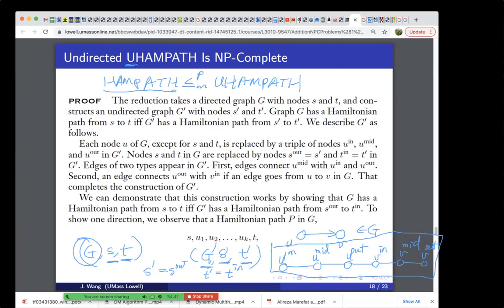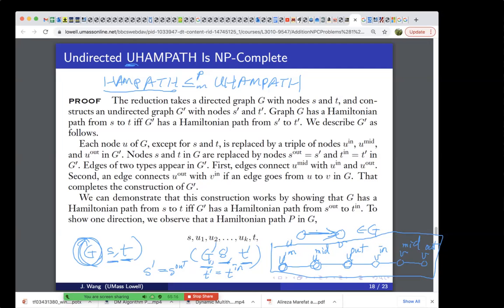That's how I'm going to connect these things. Then you can see that if there is a path from S to T that goes through every node in G, then I have a path starting from S prime, going through every node here, and ending in T in. And the opposite is also true, because this edge and that are equivalent.